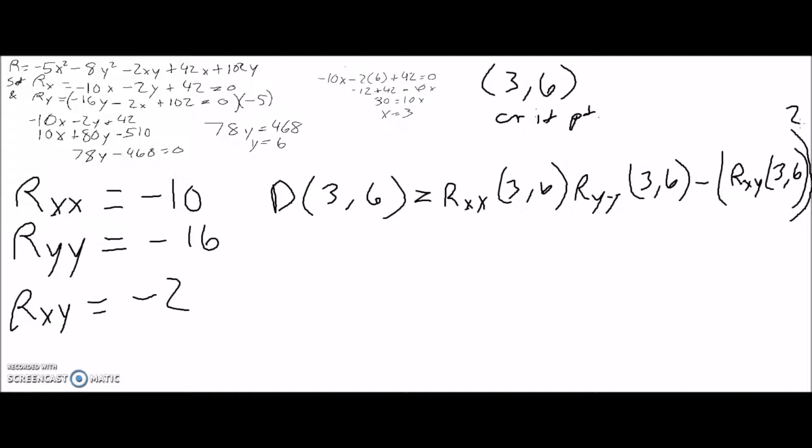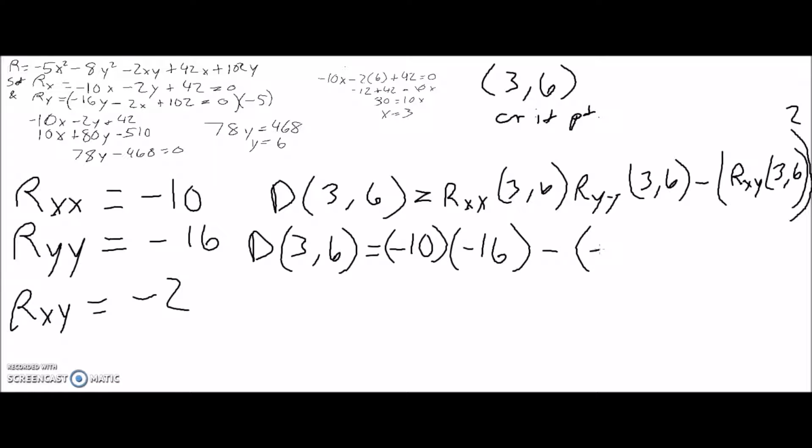When we solve for our discriminant at 3, 6, R sub xx is negative 10. We multiply that times R sub yy, which is negative 16, and subtract R sub xy squared from it.